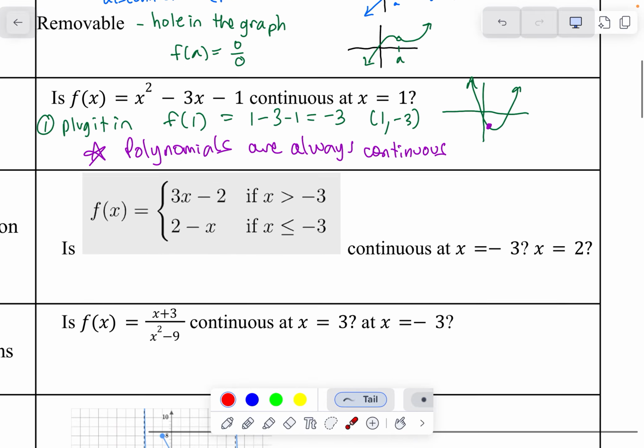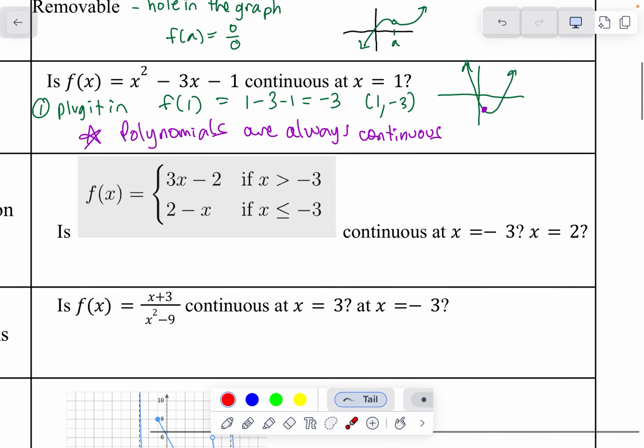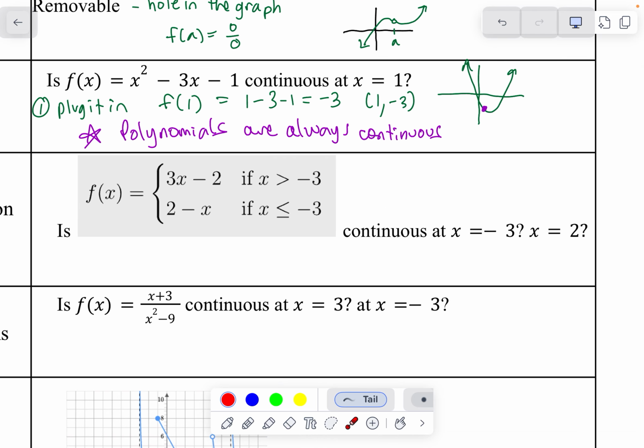Now, in our second example, it's a piecewise function, and they're asking, is it continuous at -3, and is it continuous at 2? So see how -3 is our border value?